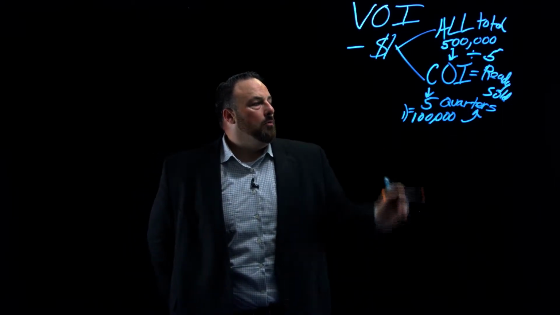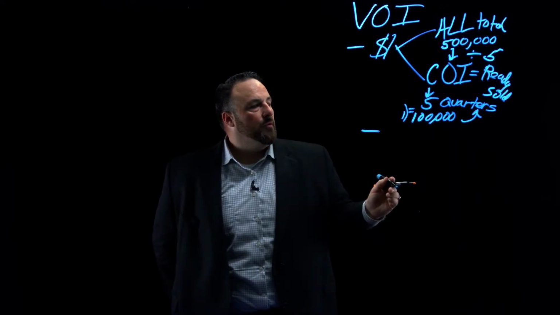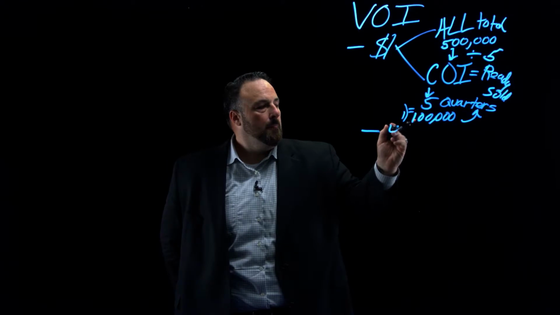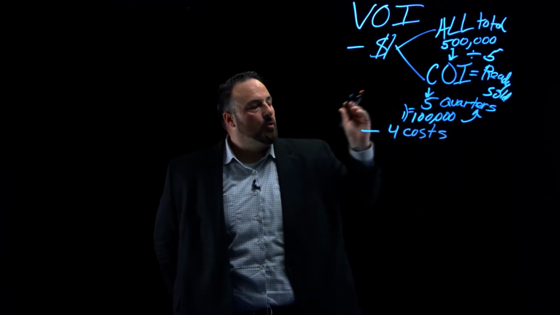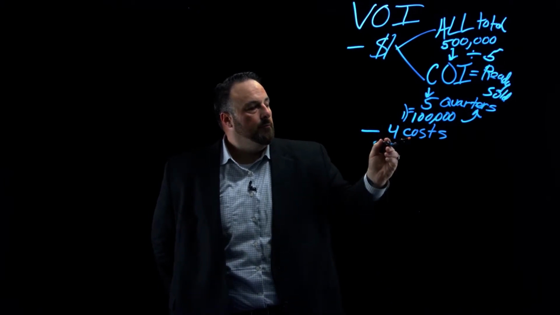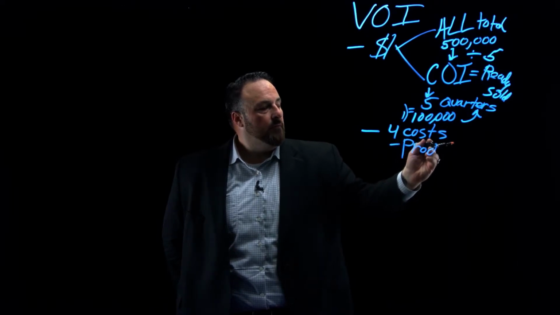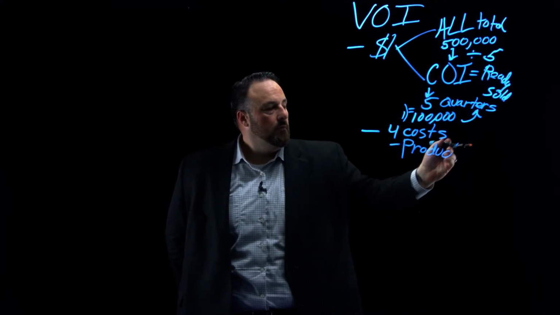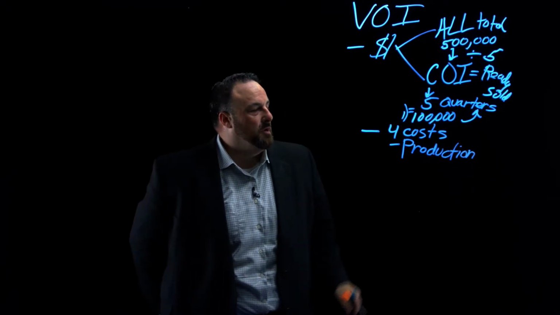Okay, now regarding inventory valuation, we're going to include 4 different costs, okay? Now remember, we're talking about inventory, but all 4 of these components apply. Production. We need enough inventory to be produced, but we need enough production to do it, okay?